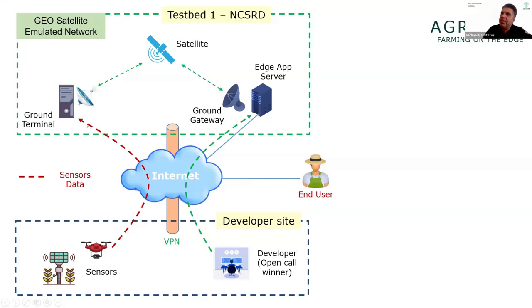will transmit the data, your sensor and all the equipment, transmit the data to the ground terminal, to the one side of the testbed. The data from one side of the testbed will travel through the emulation to the other side of the testbed, where it will be consumed by your application.